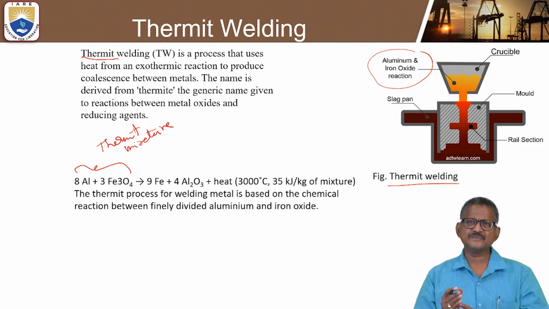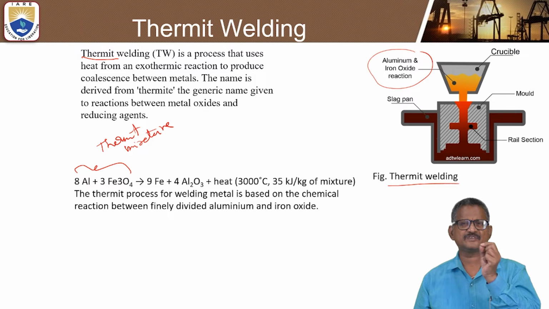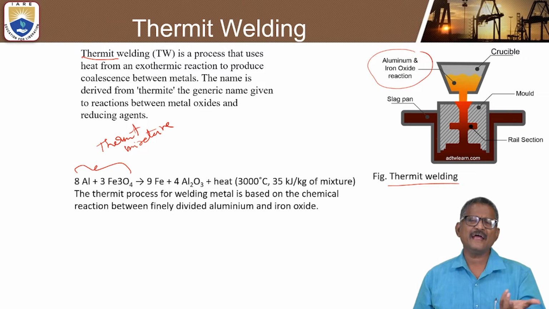Whenever this exothermic reaction takes place, the oxygen is removed from the iron oxide, and it combines with the aluminum powder, so that aluminum oxide is formed along with iron, and heat is generated.